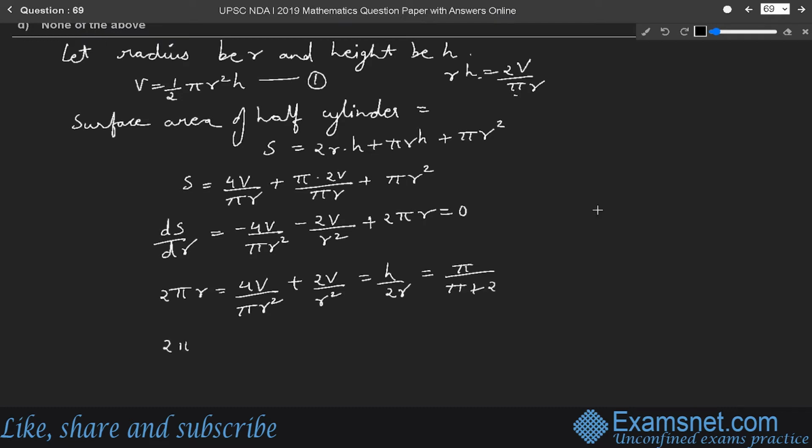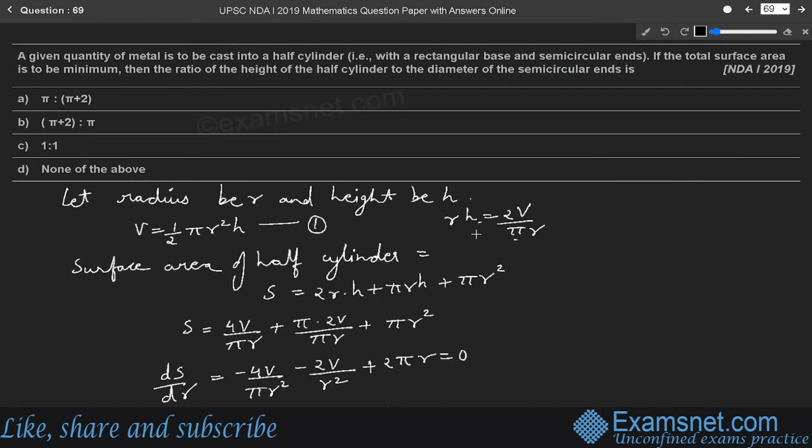On further solving, 2 pi r will be equal to 4 pi r square h upon 2 pi r square plus 2 by r square into 1 by 2 pi r square h. This is the value for surface area of half of the cylinder. Therefore, we can say that the ratio is pi is to pi plus 2. Therefore, the correct option for this question is option number A.